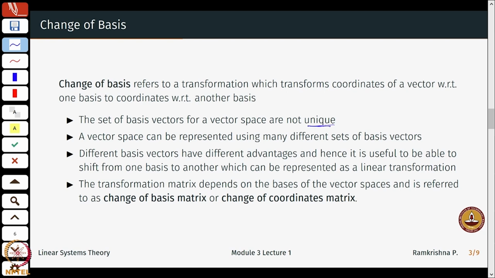Throughout our coordinate geometry we just look at the standard basis, and there I am not sure if we ever encountered situations where we had to write in different bases, but here it is very important. So the thing that we will exploit or try to analyze more is the property that a vector space can be represented using many different sets of basis vectors.